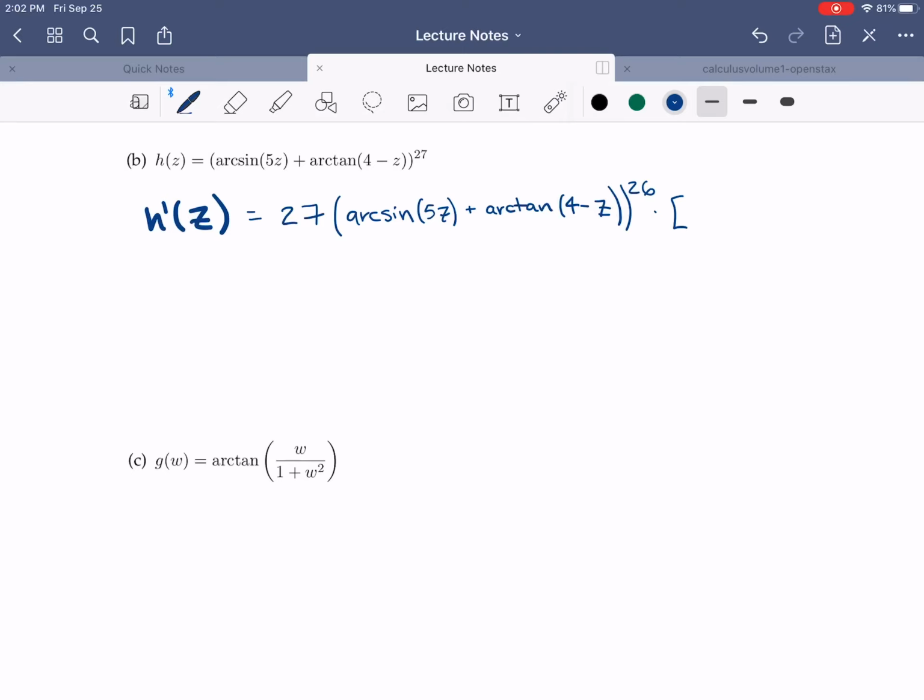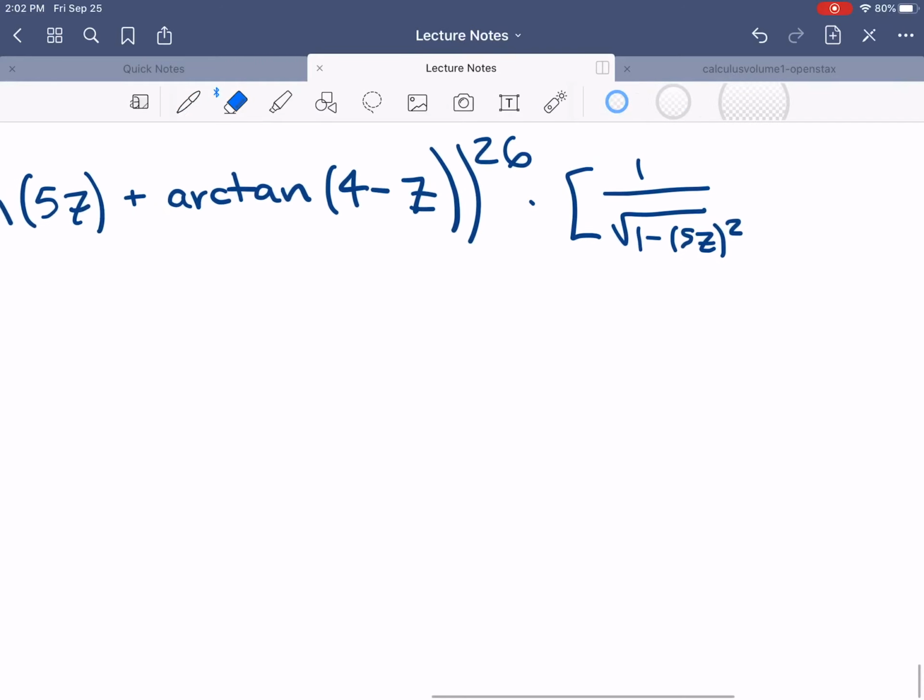Okay, so the derivative of arcsine, what we saw is that that is 1 over square root of 1 minus, normally it's x squared, but in this case that inside function is 5z. So 1 minus 5z squared.